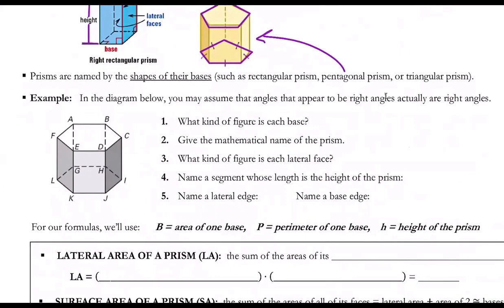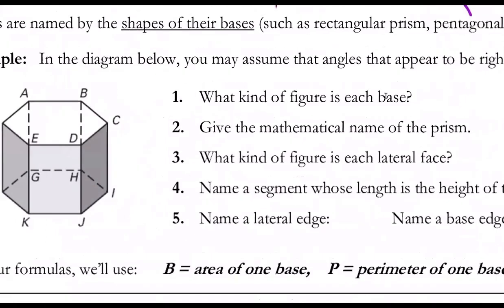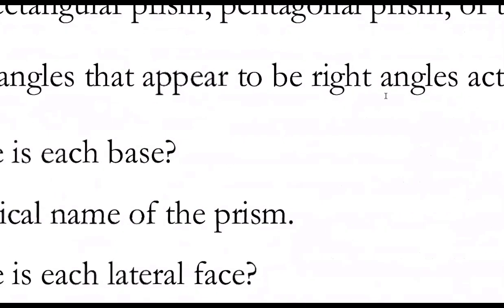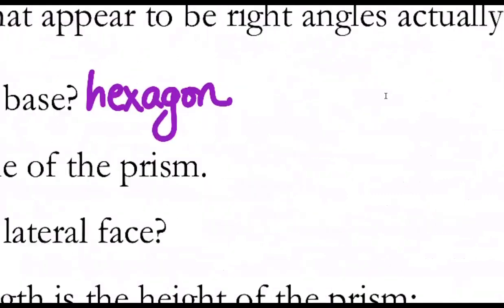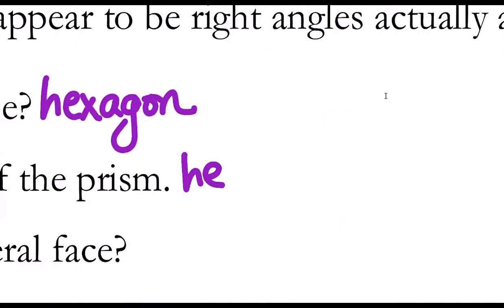Okay, so in this diagram, you can assume that these are right prisms. So what kind of figure is each base? Well, this time it's a hexagon. And then the mathematical name of the prism would be hexagonal prism, because again, it's named by its bases.